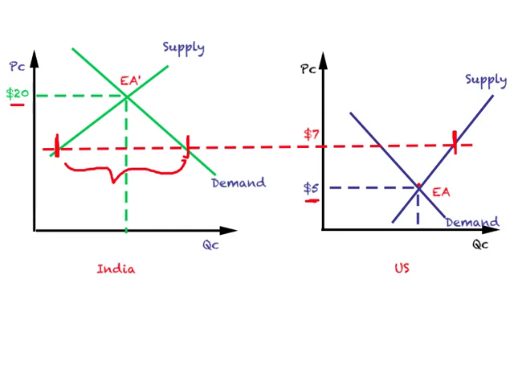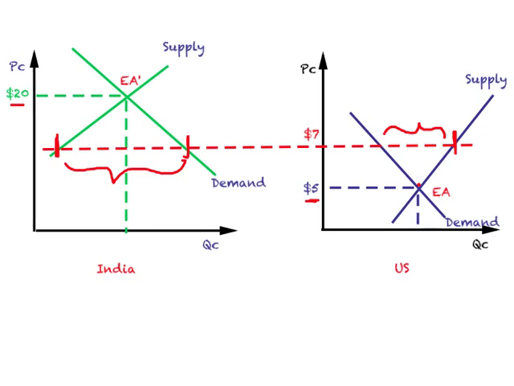And this is the amount that Indians would like to buy or import from the US. But at a price of $7, you find the US is producing some extra surplus which can be sold to the Indians, or the US is in a position to export a certain amount of clothing to Indians.